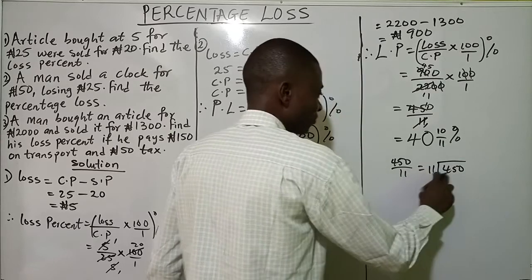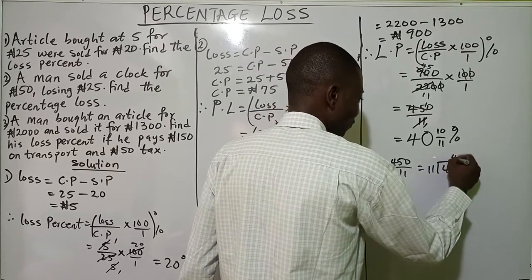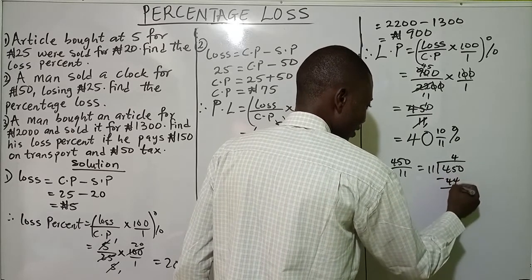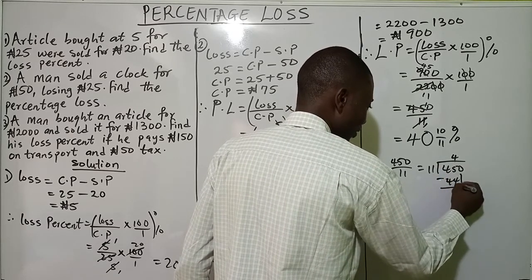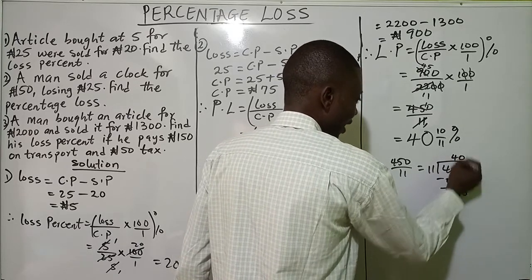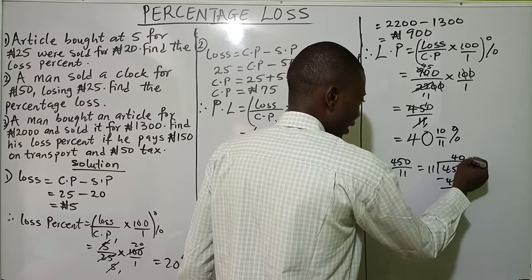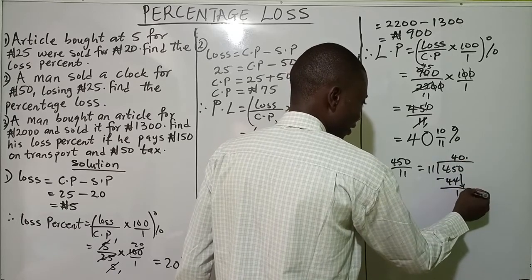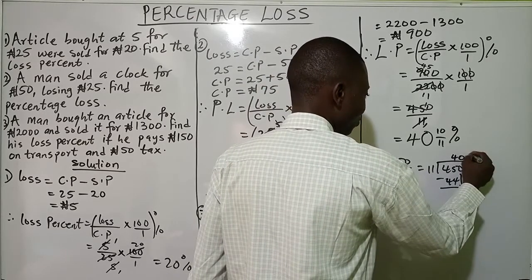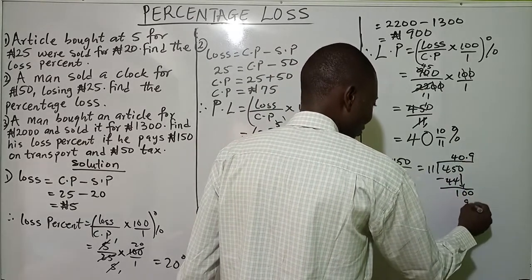How many 11 do I have in 45? It is 4. 4 times 11 is 44. You subtract, this is 1. You bring down the 0, becomes 10. How many 11 do you have in 10? It's not possible, so you add your 0 and put the point, and then add another 0 here. How many 11 do we have in 100? It is 9. 9 times 11 is 99.